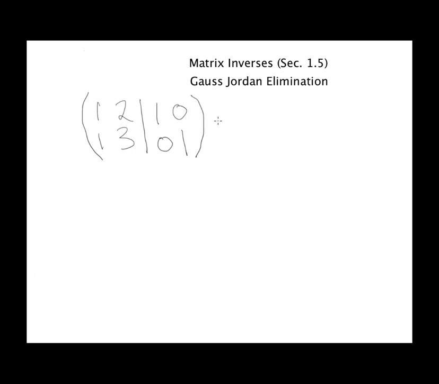And what we're going to do is perform row and column operations in such a way that reduce this matrix to the identity. And when you do that, this matrix over here will become the inverse.